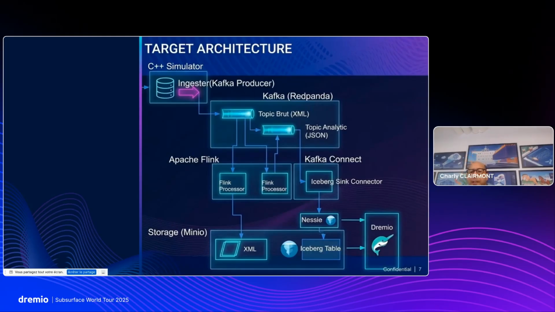Okay, so finally, our first main challenge was to create a data producer in C++ inside of the simulator. We had to embrace the software architecture and software design of the simulator to put a Kafka producer in C++ inside.